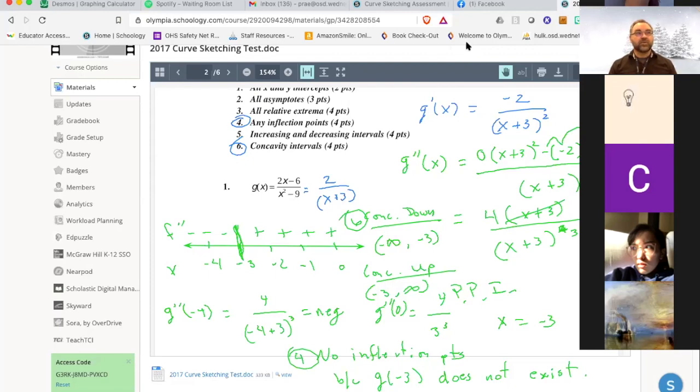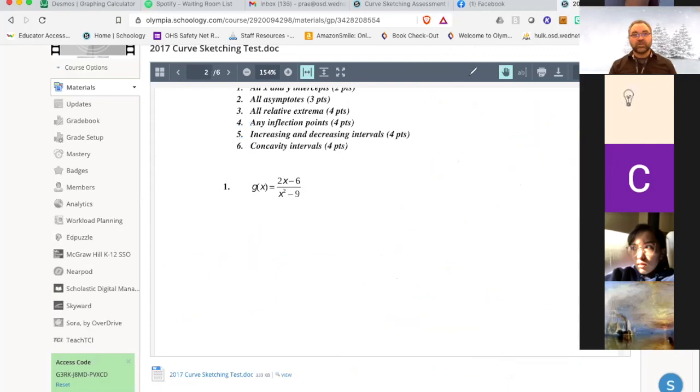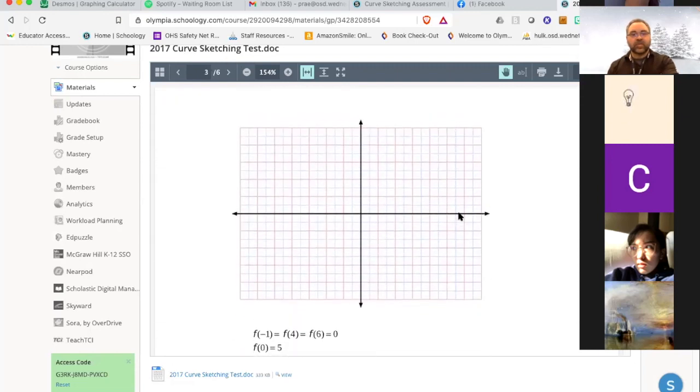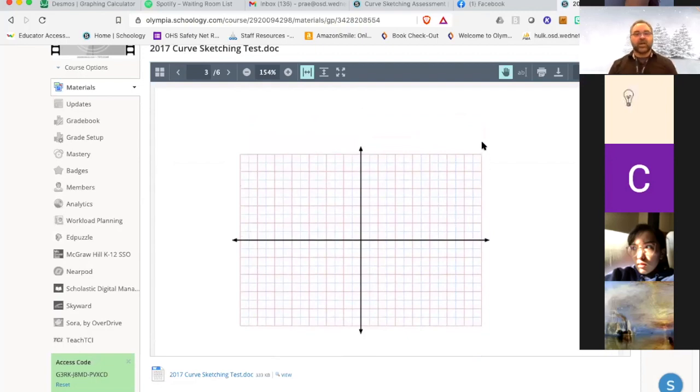5, 4, 3, 2, 1. Okay. Let's go make a sketch. I'll use this axis right here.